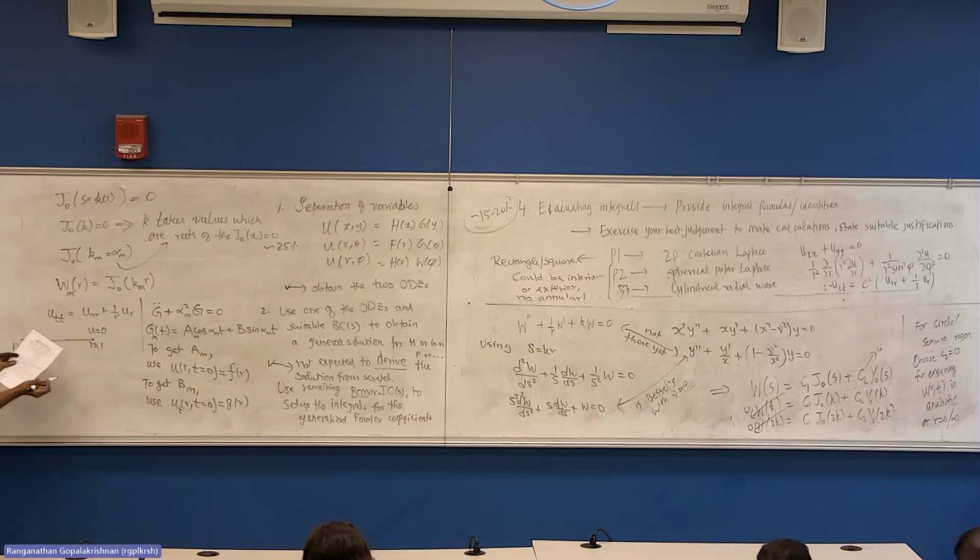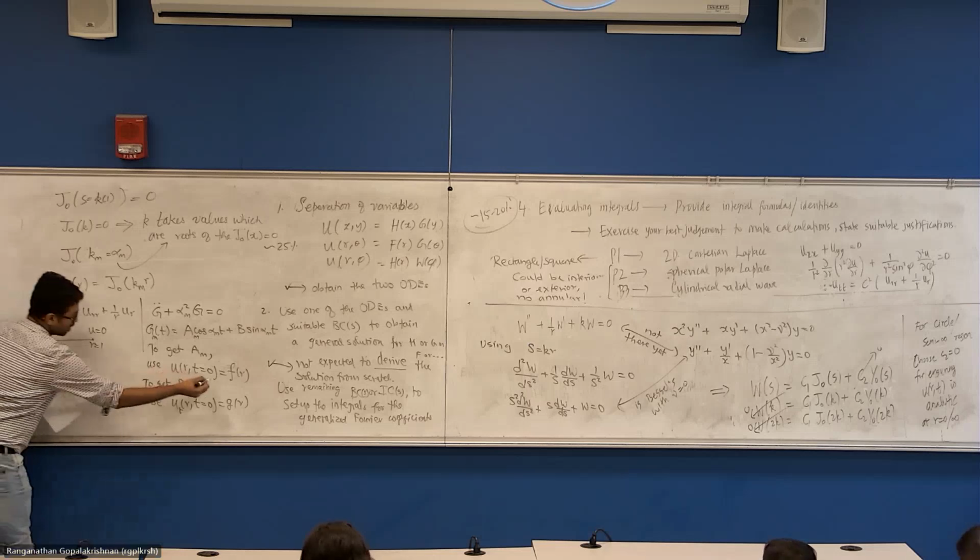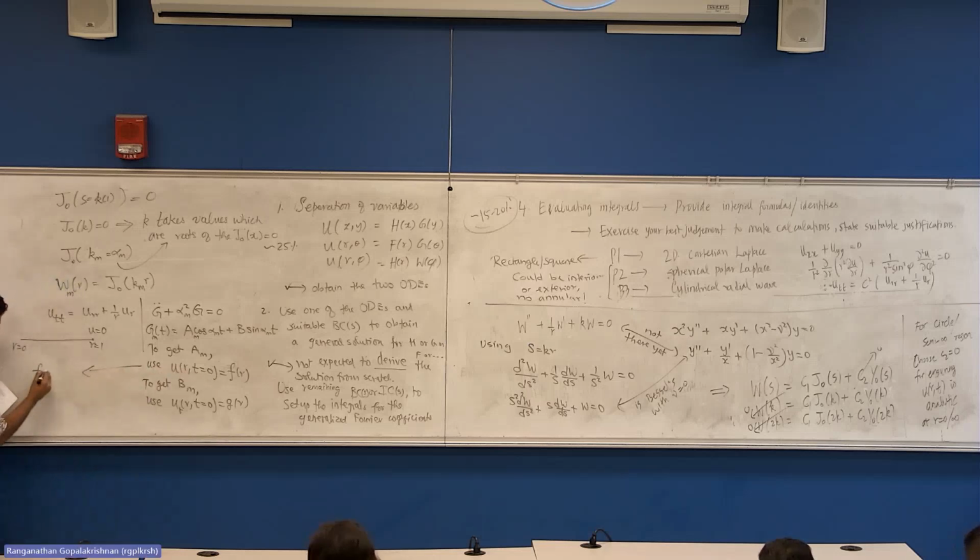In this problem, that is the mock problem I gave, f of r to be 0, so that you can just say A_m is 0. And the g of r is given as 1 minus r times r minus 2.